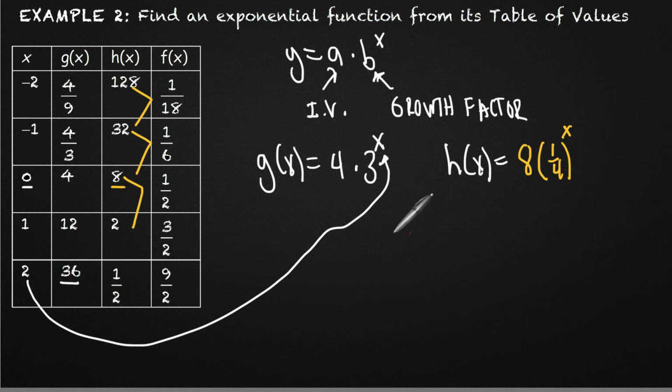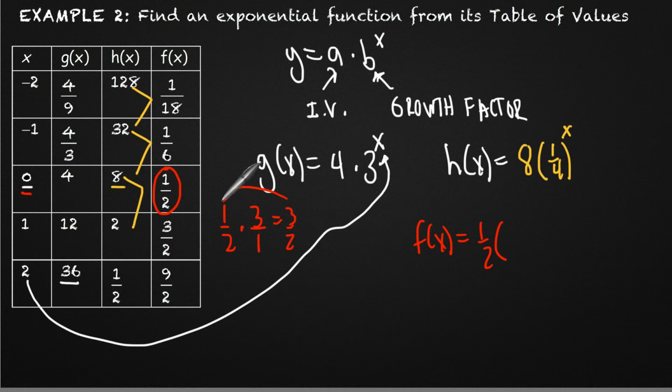All right, let's look at the third one here. F of x. Well, my initial value is going to be 1/2. So f of x is going to equal 1/2, my initial value. And then I have to think about what I'm multiplying by. Well, 1/2 times 3, let's just test that out. 1/2 times 3 over 1 is 1 times 3, and 2 times 1, bingo.